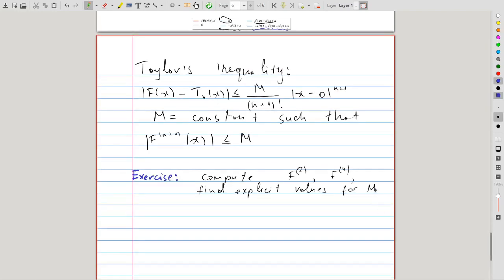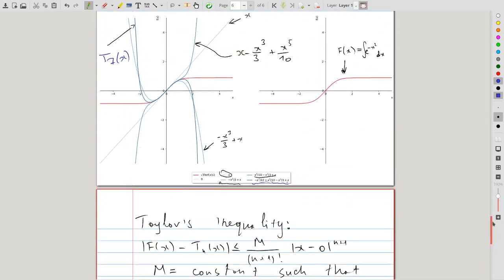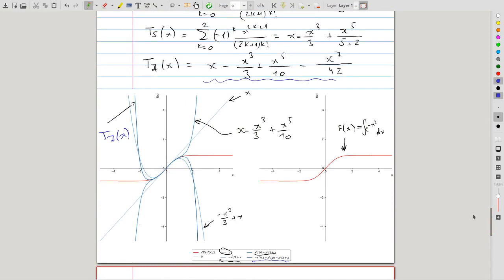To complete the discussion of approximating functions with Taylor polynomials, let me just mention that the graphs we had over here, where we plotted the function as well as its Taylor polynomials at a fixed point, in this case 0, were effectively the Maclaurin polynomials.